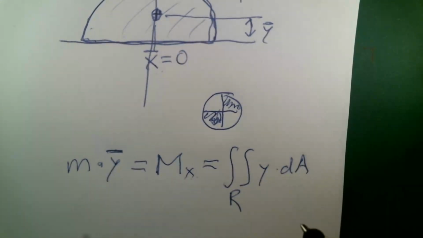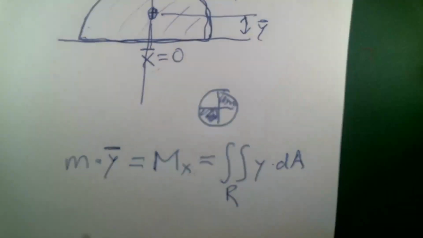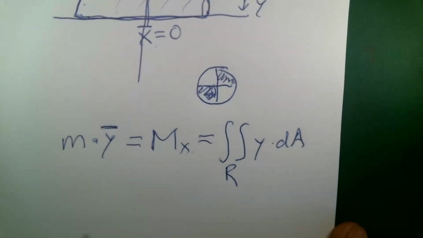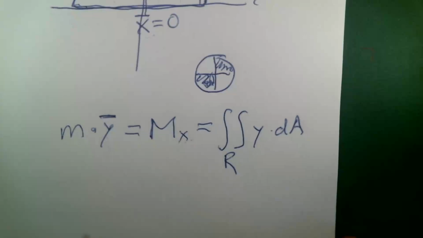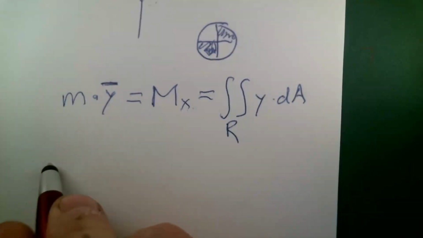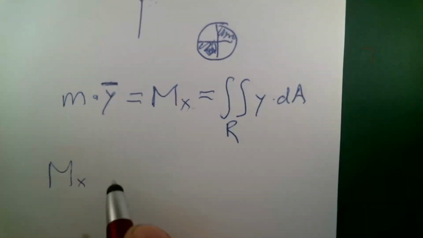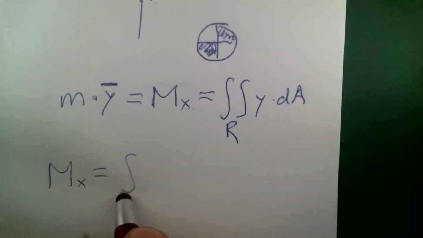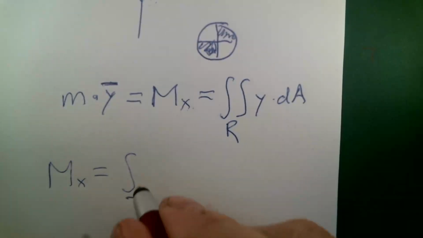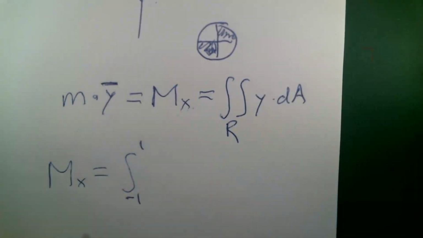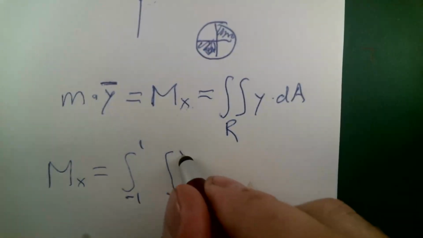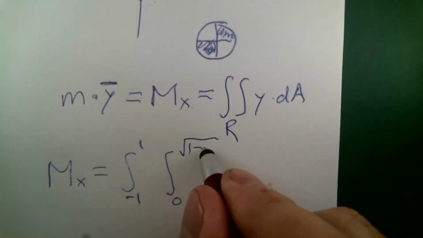Now, the particular region I'm working with, I can set this up as an integral in Cartesian coordinates. So I would have M sub x equals an integral. It would go from -1 to 1 in the x direction, and in the y direction, it would go from 0 to the square root of 1 minus x squared.